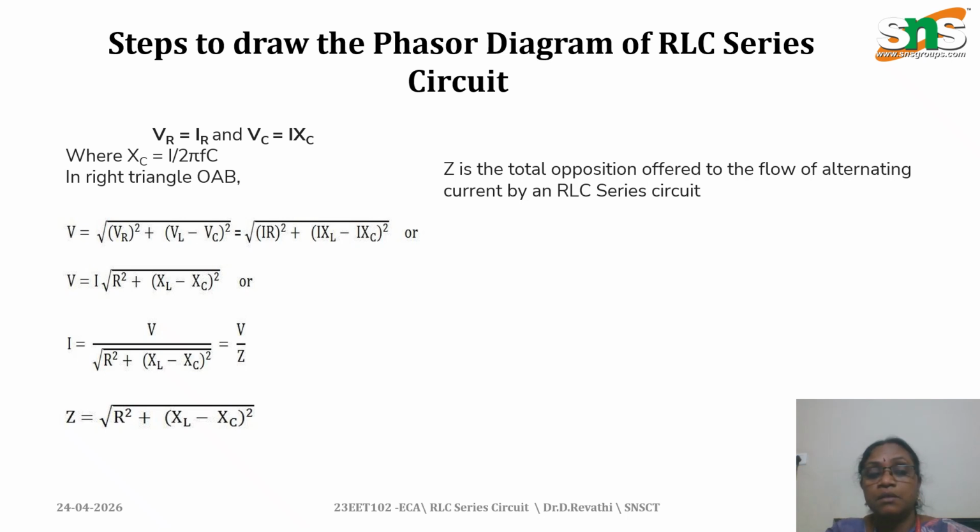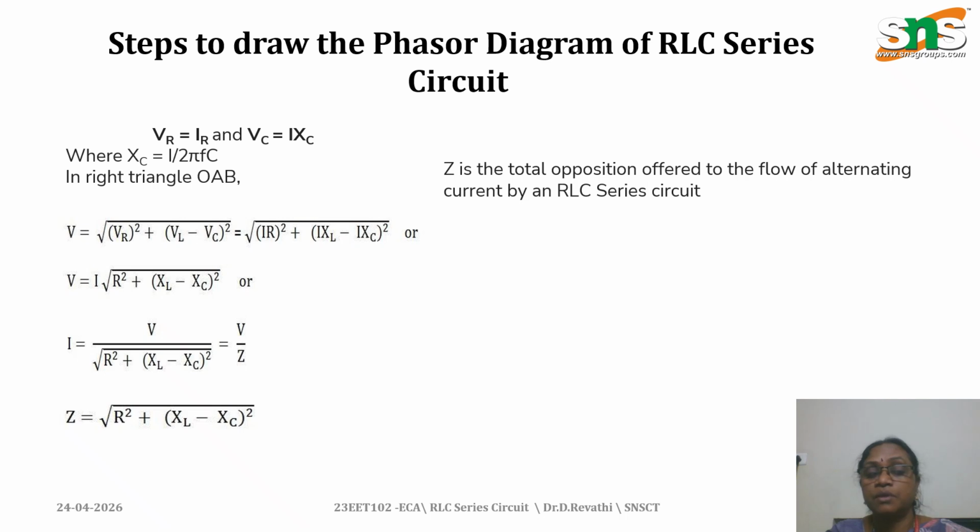VR is equal to IR, VL is equal to IXL, and VC is equal to IXC, where XL is equal to 2 pi FL and XC is equal to 1 by 2 pi FC. Adding these, V is equal to the square root of VR squared plus VL minus VC the whole squared.